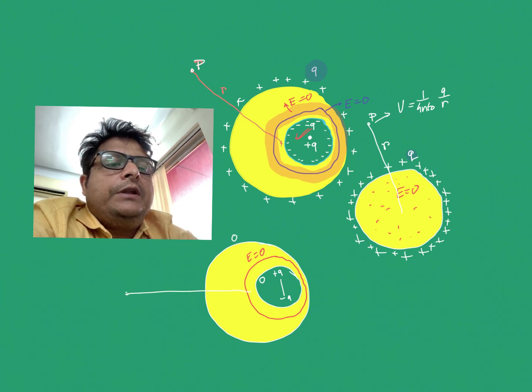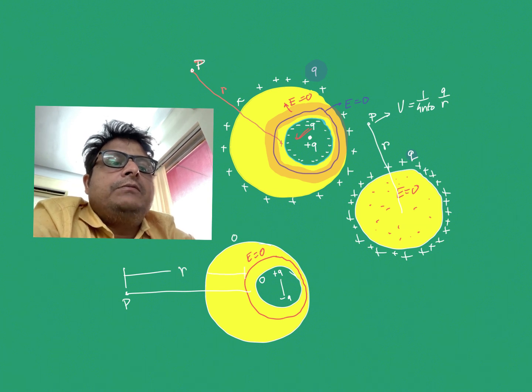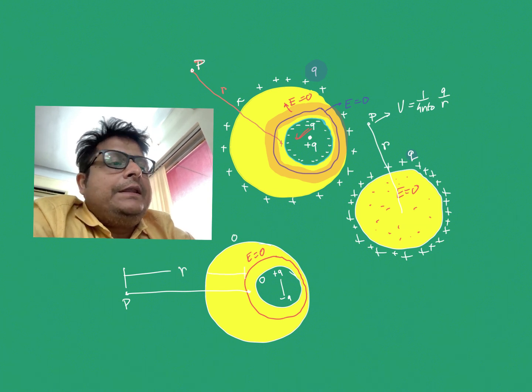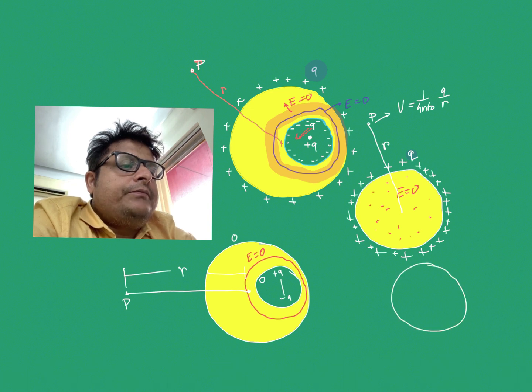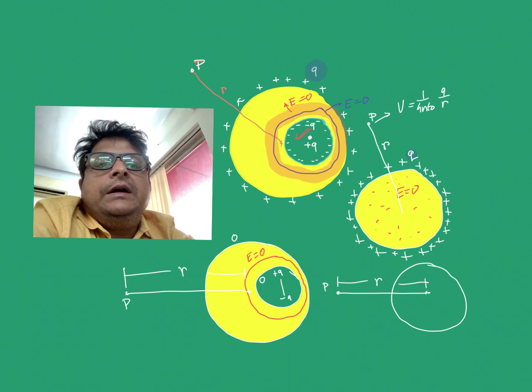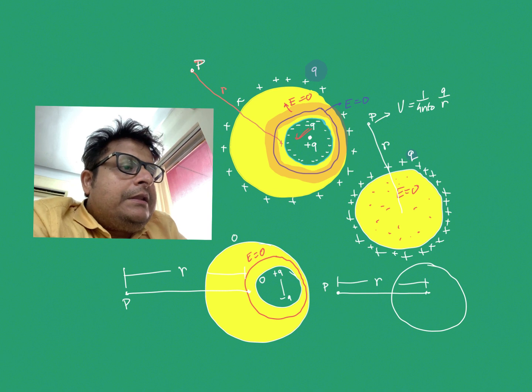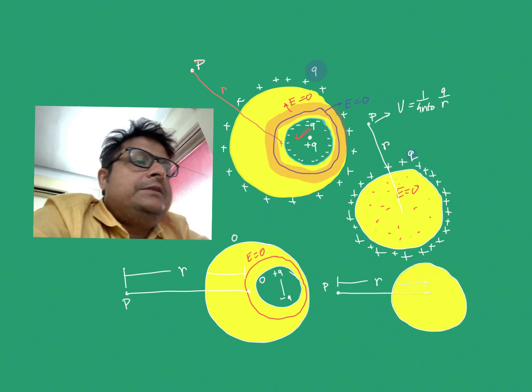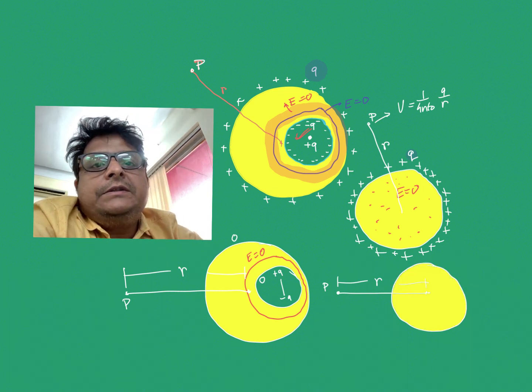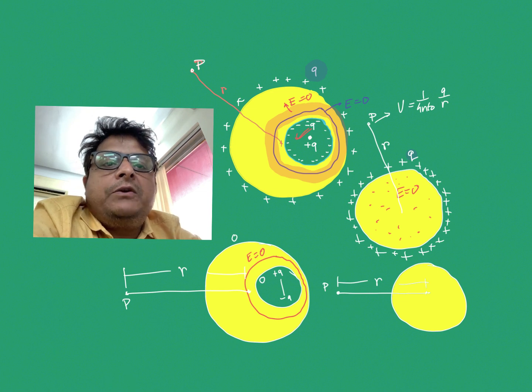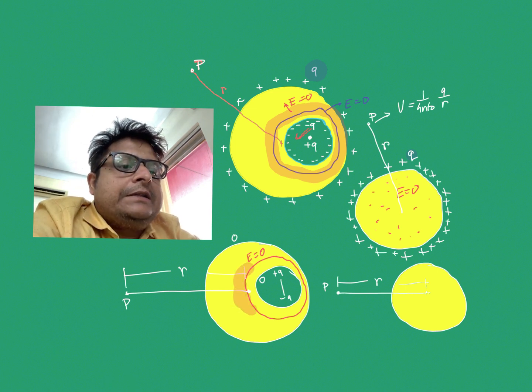Now when you try to calculate the potential at a point P at a distance r from the center of this sphere, even here, in Professor Walter Lewin's language, you can think that point P doesn't even know that there is a cavity inside, because as it's a conductor, it acts like a shield. That means no electric field lines can pass through the conductor.